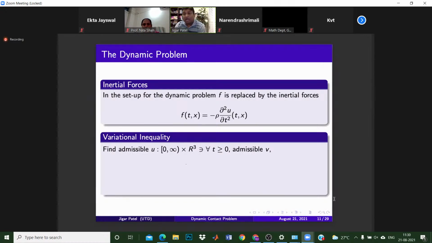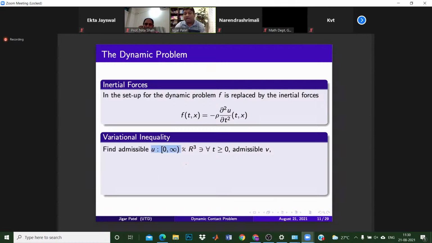Okay, now to convert the problem into a dynamic problem, we need to replace the force by the inertial force, right? So f of t, x is replaced by negative rho times the second order partial derivative of u with respect to time, right? And again, that is really the standard setup to convert a static into a dynamic problem. So our inequality takes the following form. And again, this is the problem that we are trying to solve.